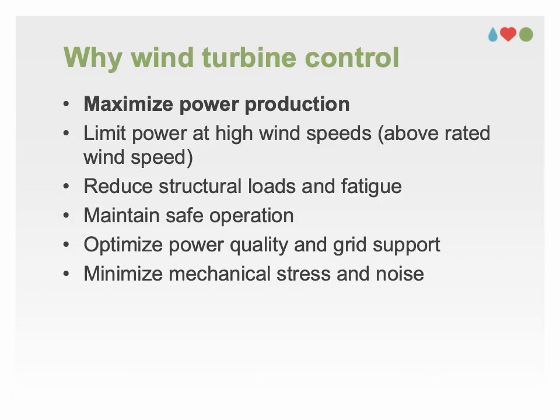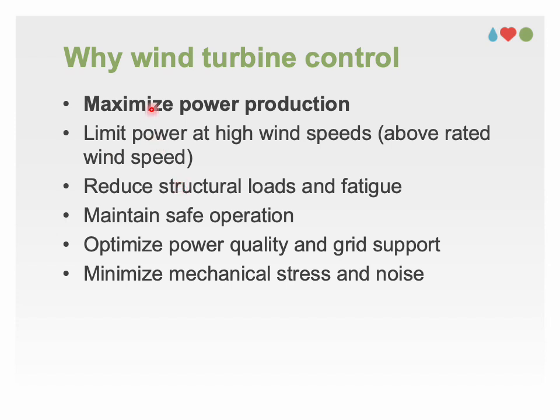Let's first answer why turbine control is important. The main objectives of wind turbine control are to maximize energy capture, protect the turbine from loads and damage, and ensure stable, reliable power output. Here I'm listing a few objectives.